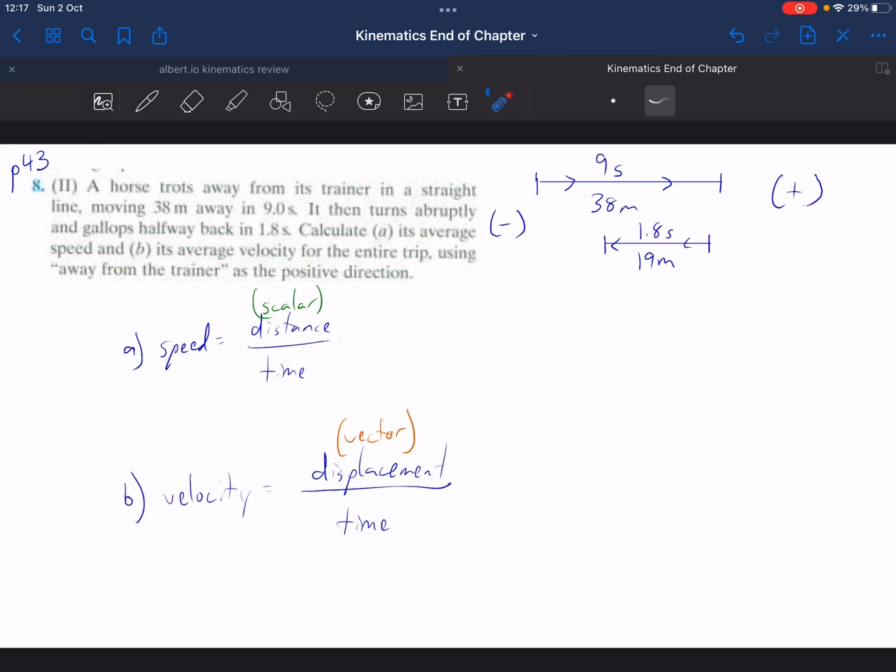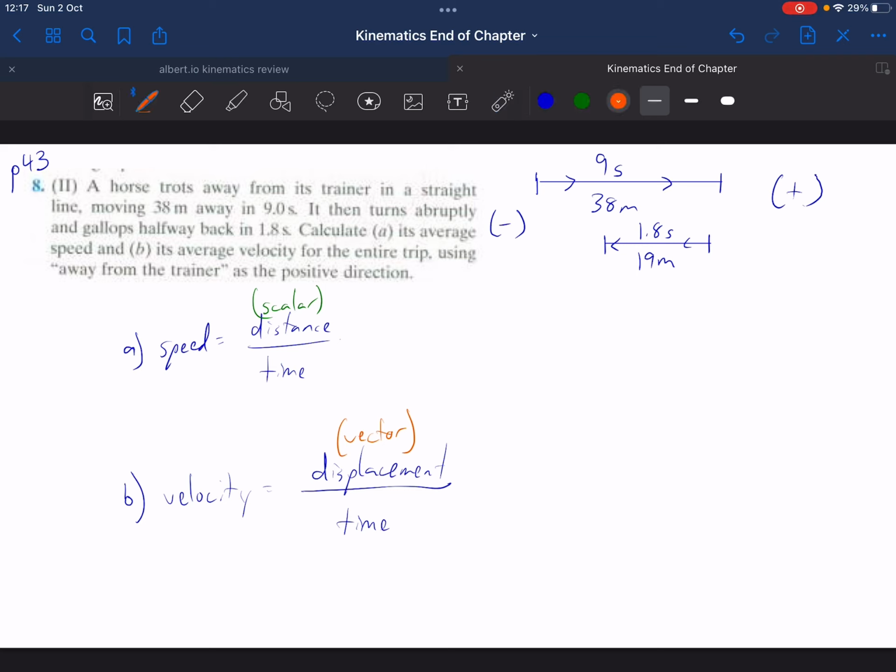Okay, so we have to use our definitions of speed and velocity to calculate this. Speed and distance are both scalars. They do not have a direction, and they are positive, and we just add them up.